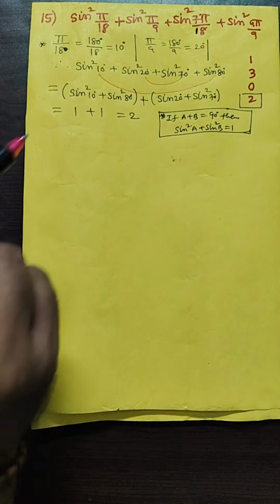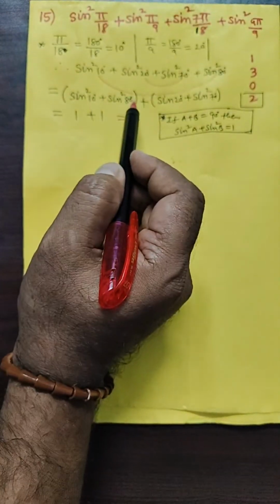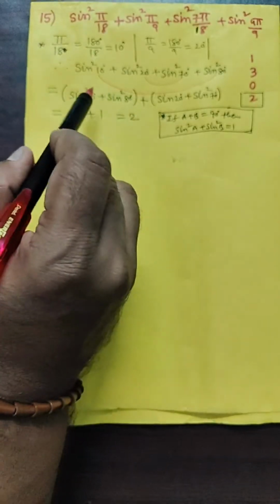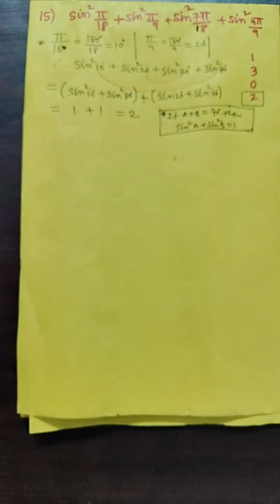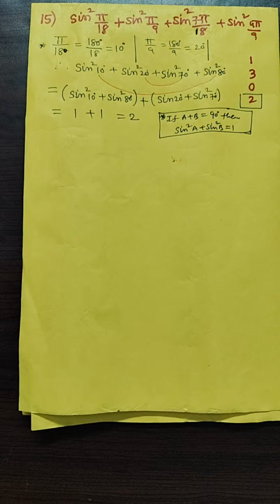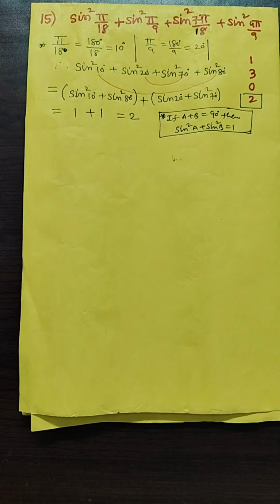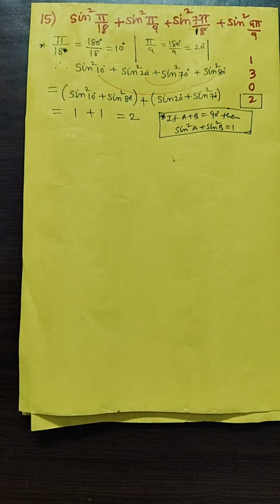See clearly, 10 plus 80 is 90, 20 plus 70 is 90. So that is the reason. I hope you understand. We'll move on to another question.